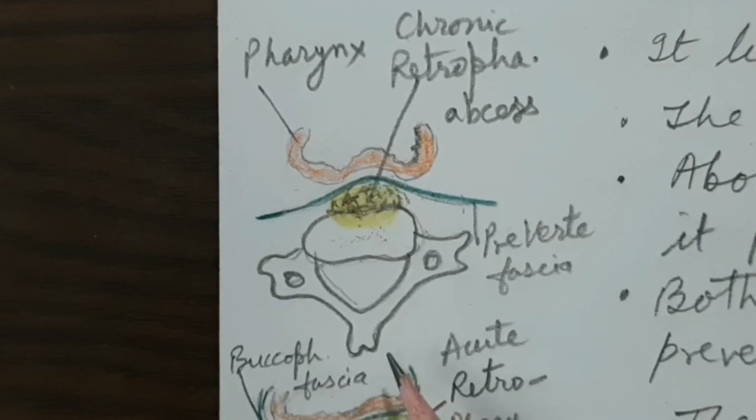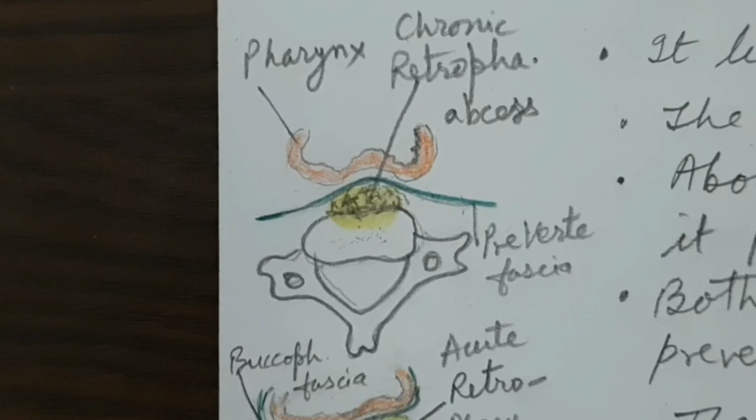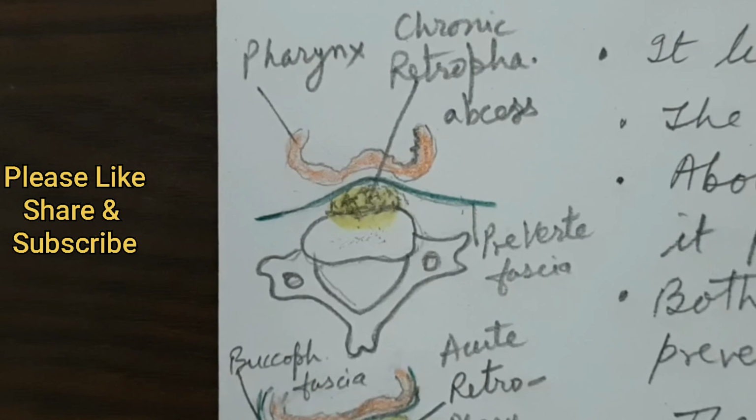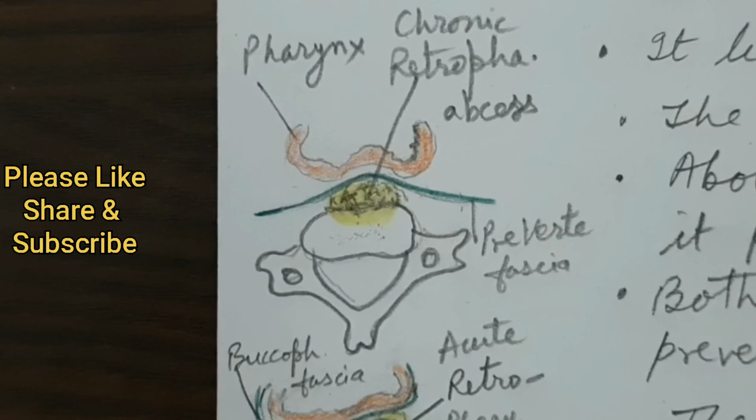And if you ask the patient to open the mouth, then in the posterior wall of the oropharynx you can see that the swelling is on one side of the midline, because this swelling is taking place between the prevertebral fascia and the buccopharyngeal fascia, and since they are fused in the midline, it cannot go across, so it will remain on one side.